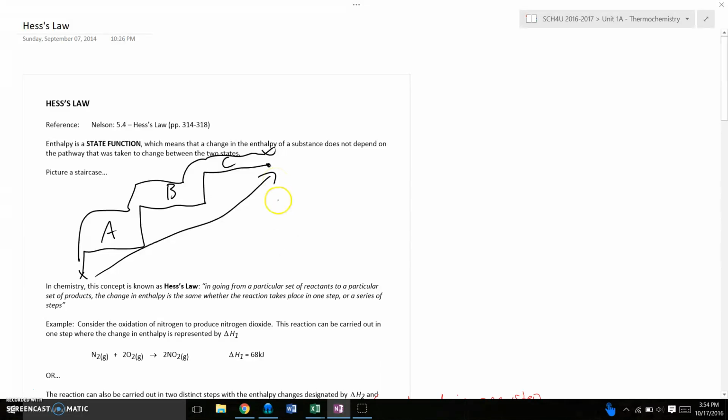The direct path from A to C is equal to the sum of A to B and B to C. So again, even though a direct line may look more advantageous, it really doesn't matter. We're still going to use the same amount of energy either way as far as enthalpy goes.